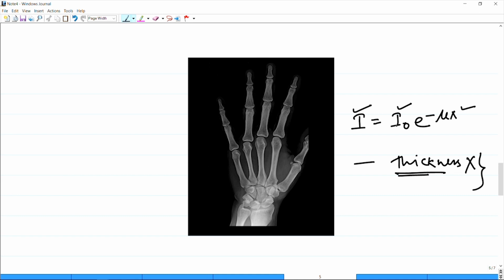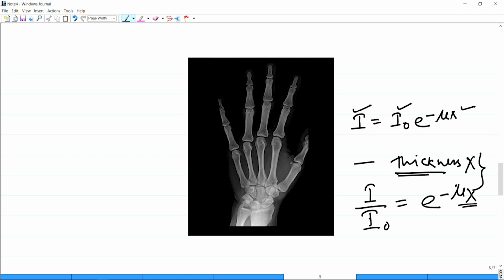The initial intensity falls on the material and then goes through the thickness of the material, and this is the decrease that you see, I by I naught, and this decrease is exponential with respect to the distance that the X-rays travel.